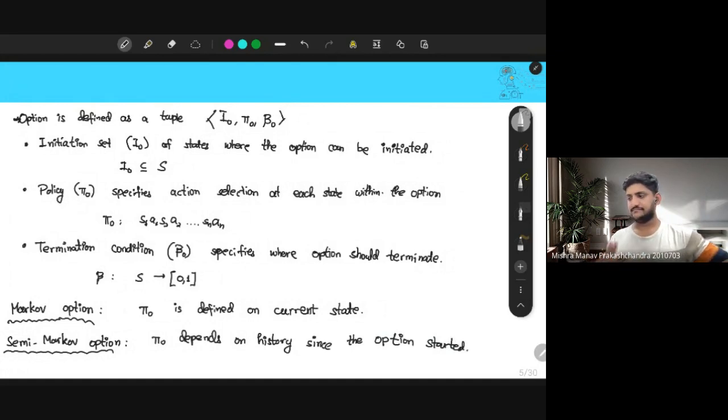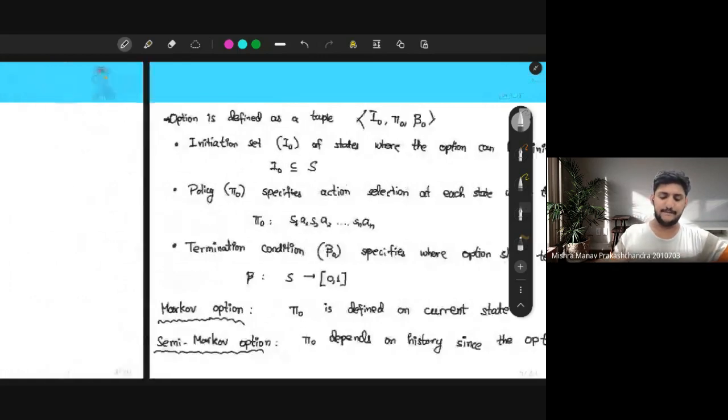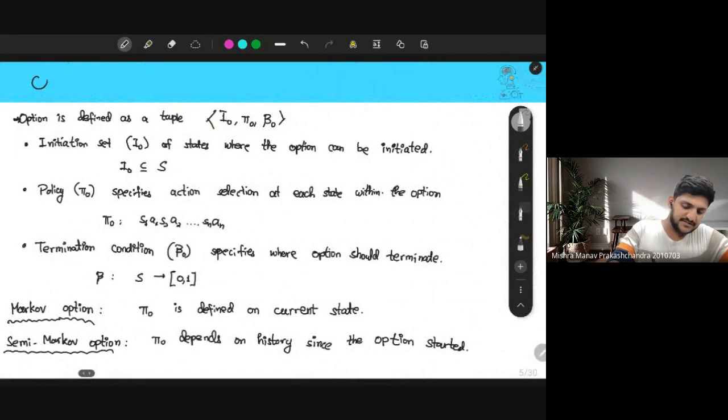So this is the definition for the option framework. Okay, I should write options here as well so that we know we are on the option slide.